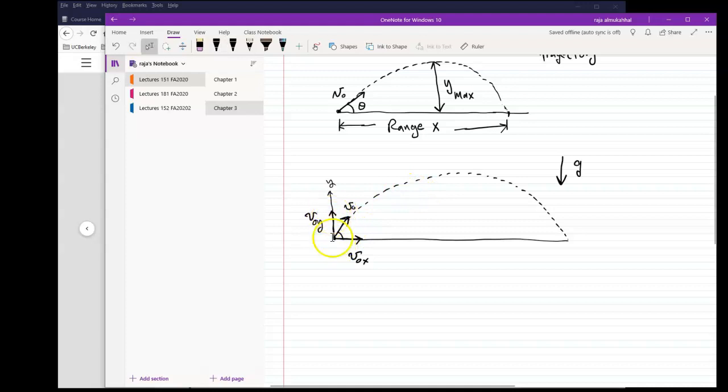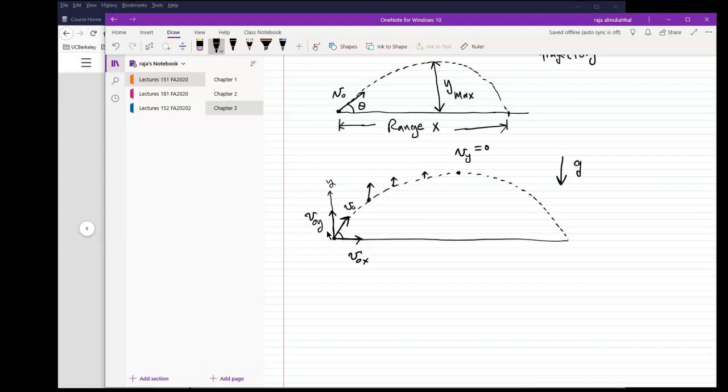This is the magnitude, this length, okay? When it is here, this length will actually get shorter, and then shorter again, and even shorter here. At the summit here, Vy becomes equal to 0. And that's why the object basically stops gaining height, because the y component of the velocity becomes equal to 0.